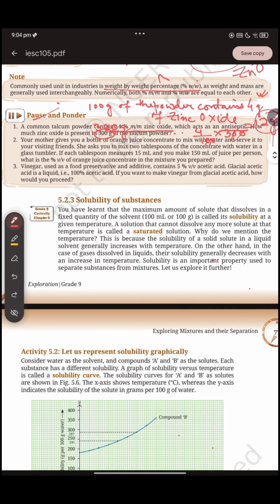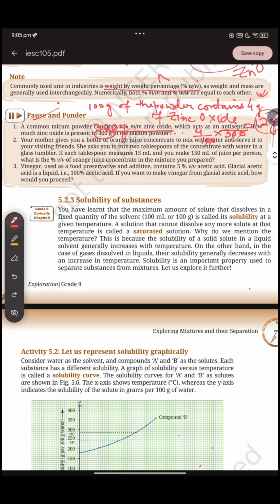Next, your mother gives you a bottle of orange juice concentrate to mix with water. You are being told to make a syrup of it and serve it to your visiting friends. She asks you to mix 2 tablespoons of the concentrate, do chammach, with water in a glass tumbler.